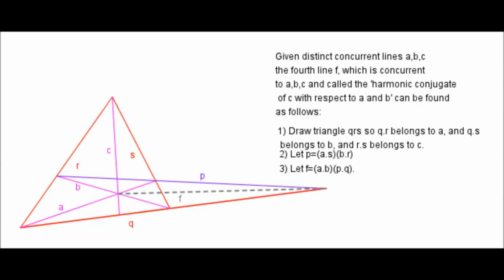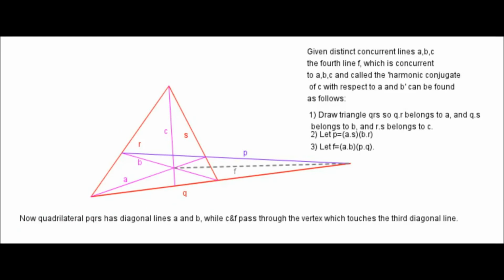And you can see that that meets with the other 3 initial purple lines, A, B and C, in the same place. So we have these 4 lines all meeting concurrently.